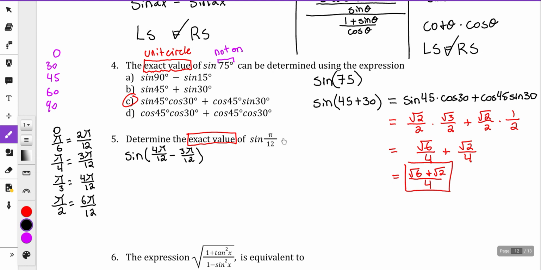Okay, again, pi over 12s aren't on my unit circle. But I got 4 pi over 12 from pi over 3, right? I could reduce it. So let's rewrite it back as unit circle things. That means this is actually pi over 3 minus pi over 4.